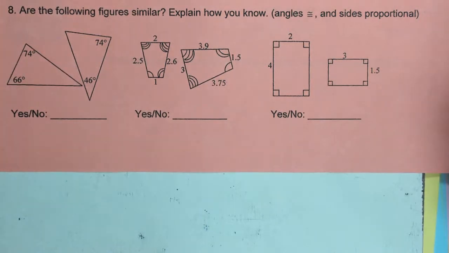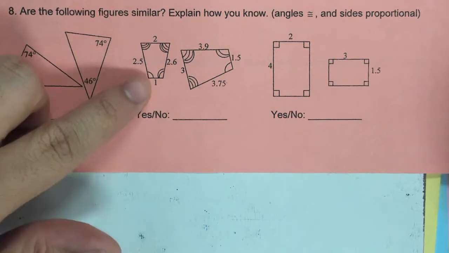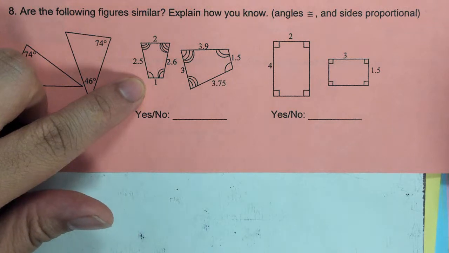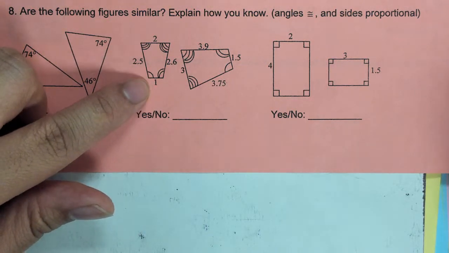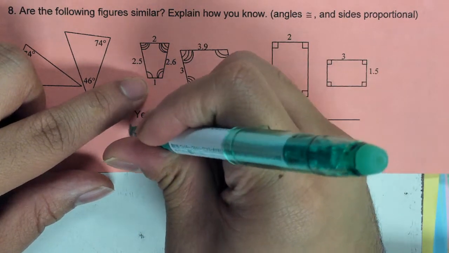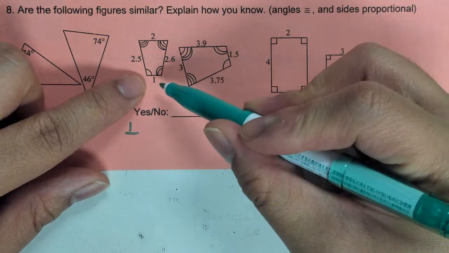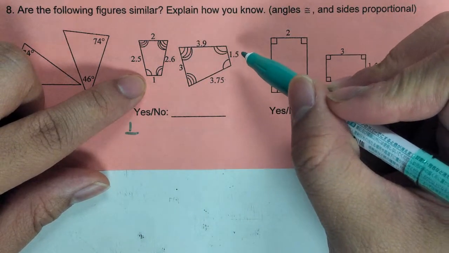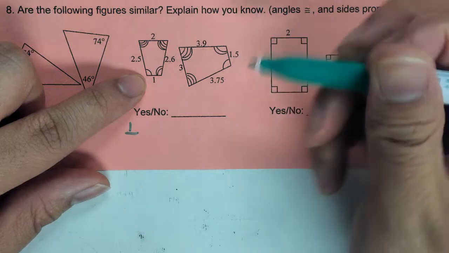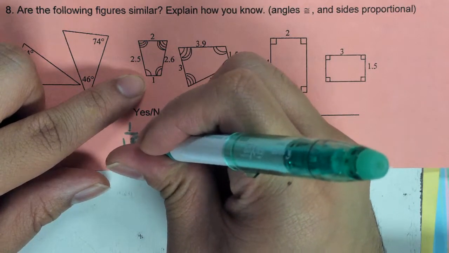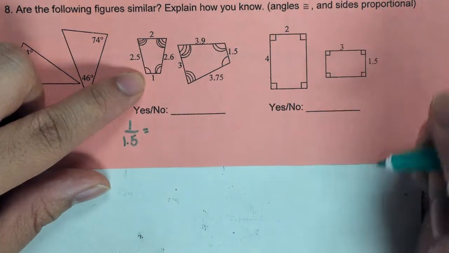So we need to set up proportions, ratios. I'm going to go ahead and pick my smallest side. For this quadrilateral on the left, my smallest side is 1. This 1 matches the 1.5 here because it's also the smallest side. And we need to check 1 over 1.5.